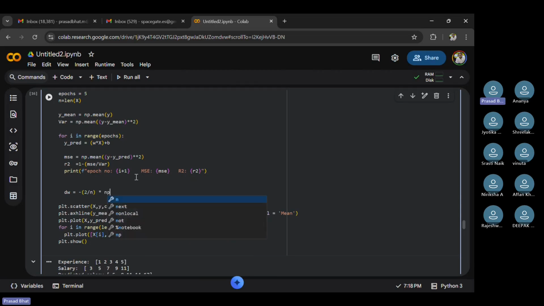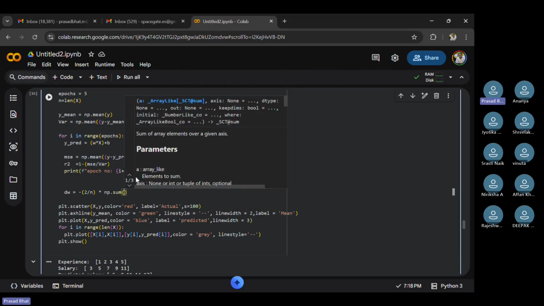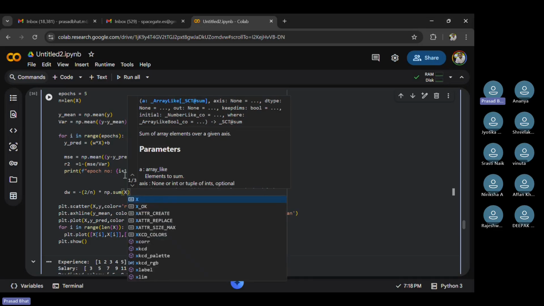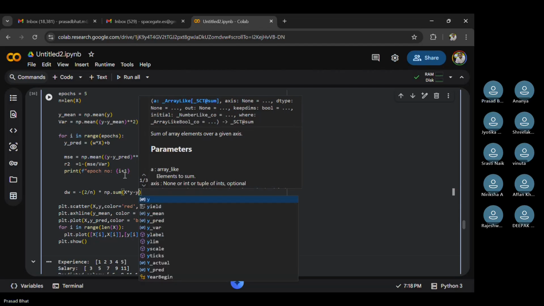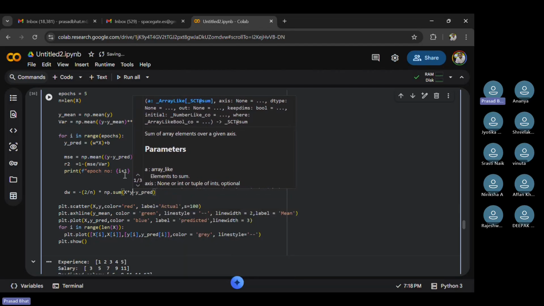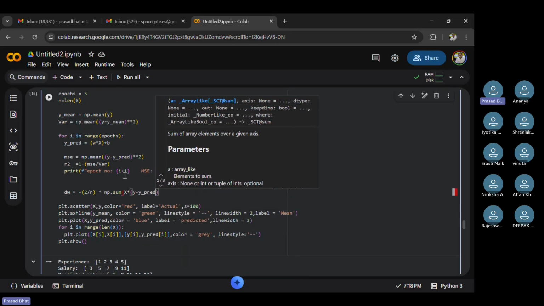And then I can write something like this, np.sum. Do you want me to share this on the other screen as well? No, right? I hope you remember what this is. Summation of error multiplied by x, correct? So for that, what I'm doing, x star, y minus y underscore predicted. What is this? This is error, plain error, not MSE.